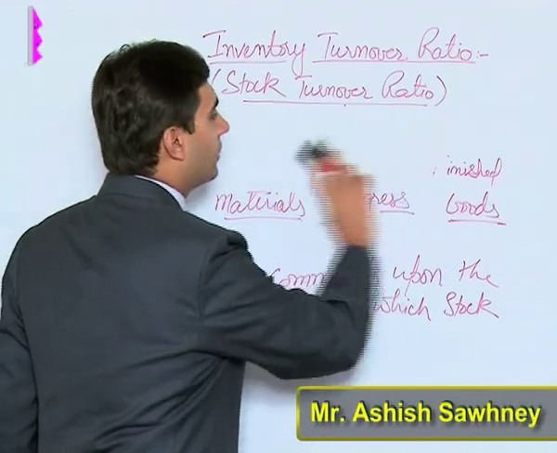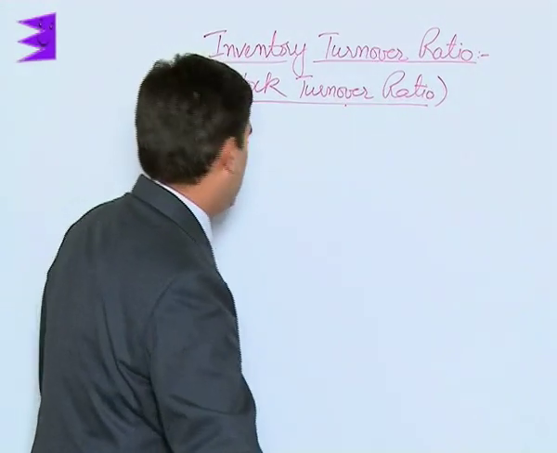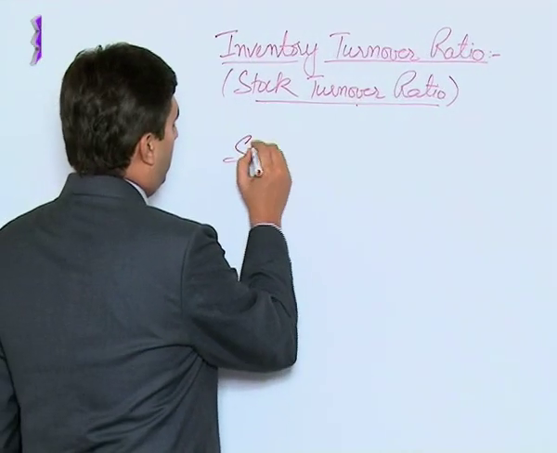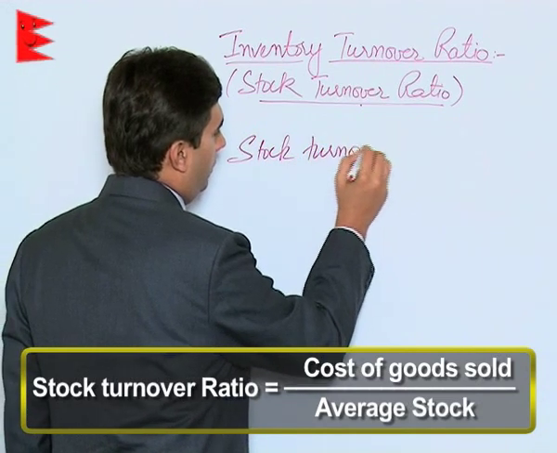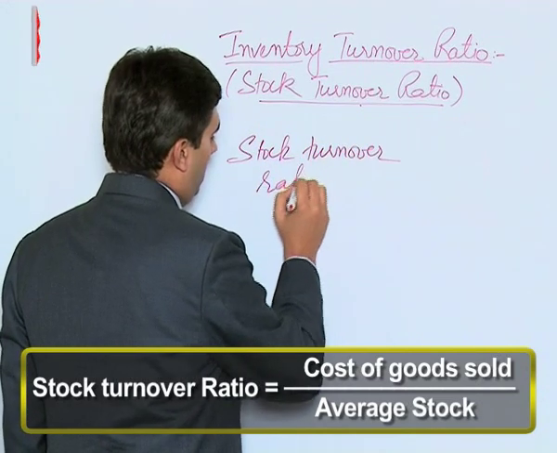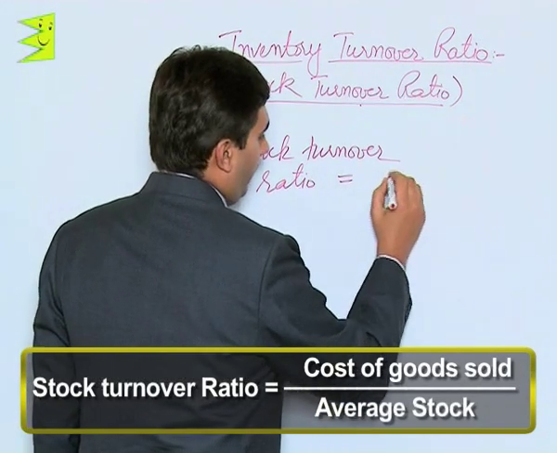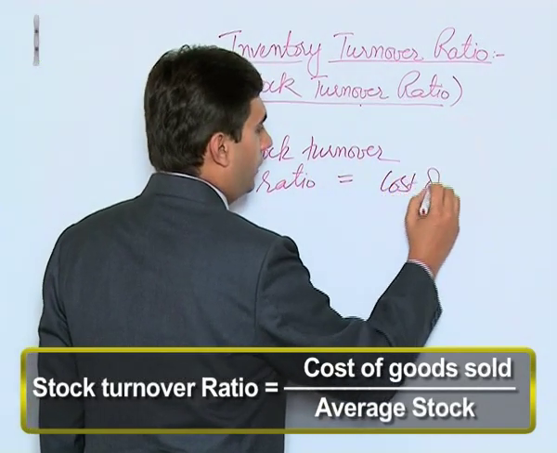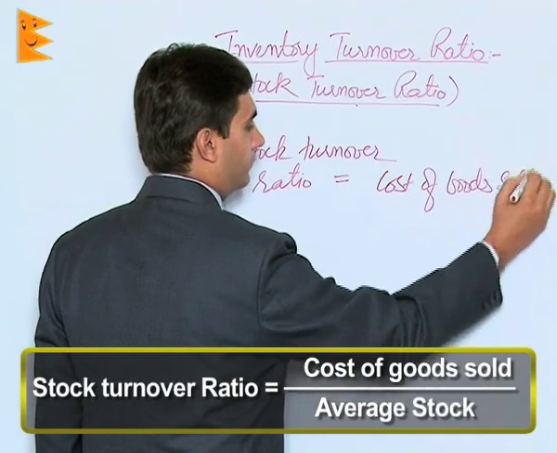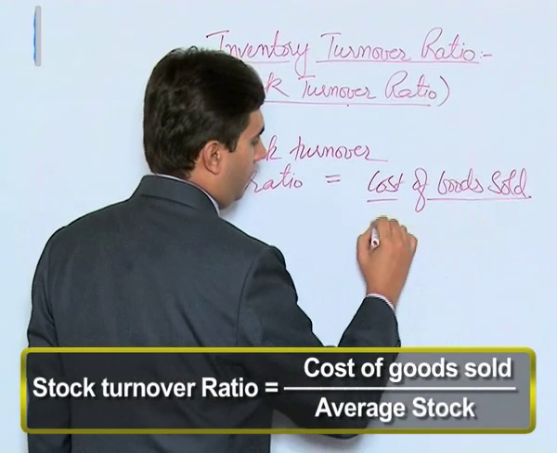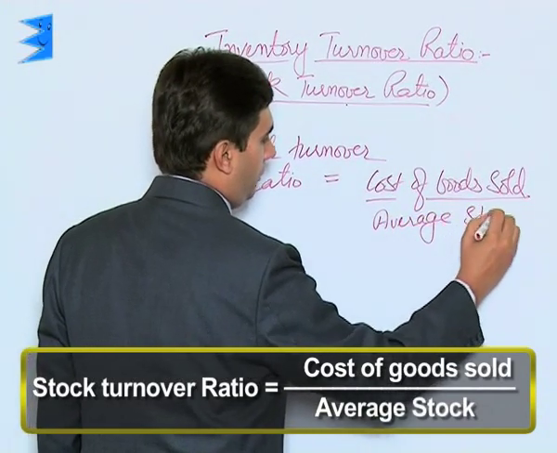The formula for stock turnover ratio is stock turnover ratio is equal to cost of goods sold upon average stock.